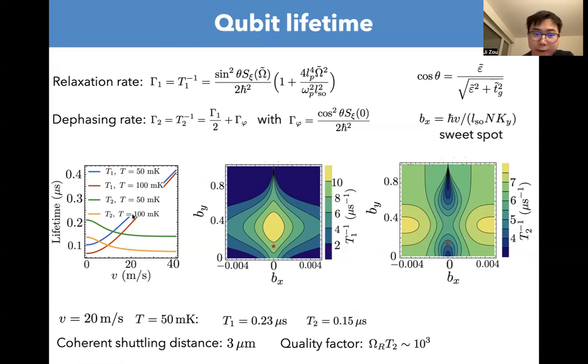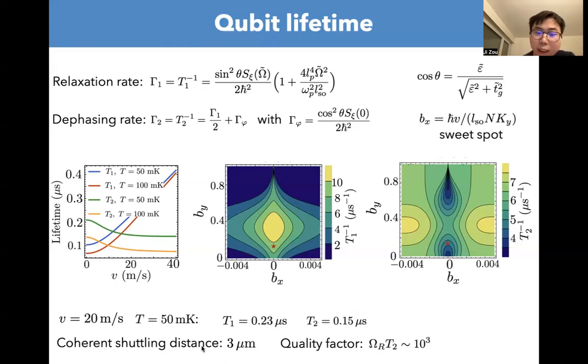Finally, in this plot, we show the lifetime as a function of the velocity at different temperatures. Just to give you an idea, when we shuttle the qubit at a velocity of 20 meters per second and a temperature of 50 millikelvin, we get a T1 of about 0.2 microsecond and a T2 of about 0.15 microsecond.